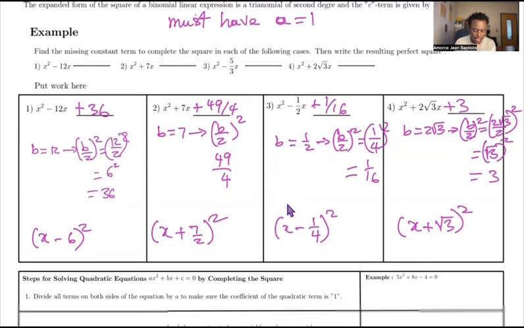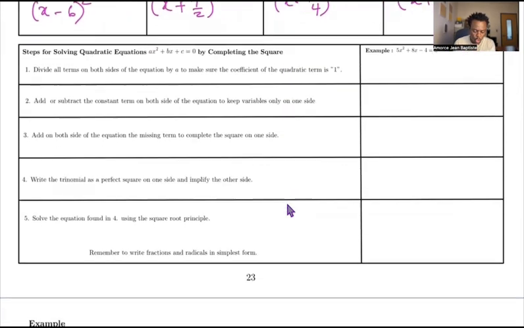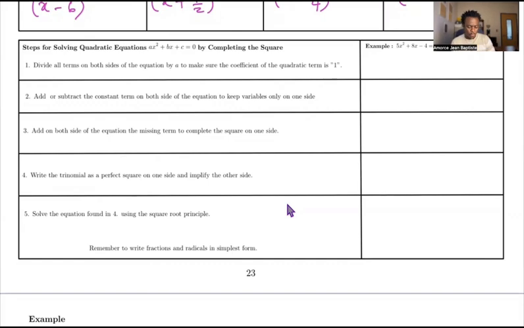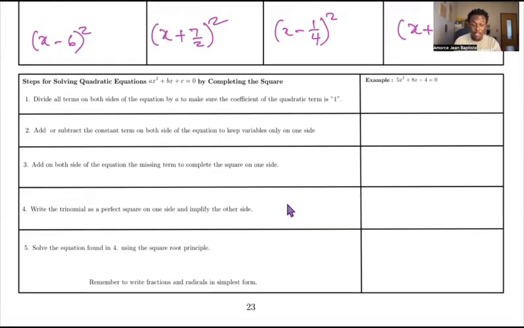Now let's see how we can use completing the square to solve an equation. So now here are the steps, and while we're reading the steps here, we're going to practice on the other side of the table.